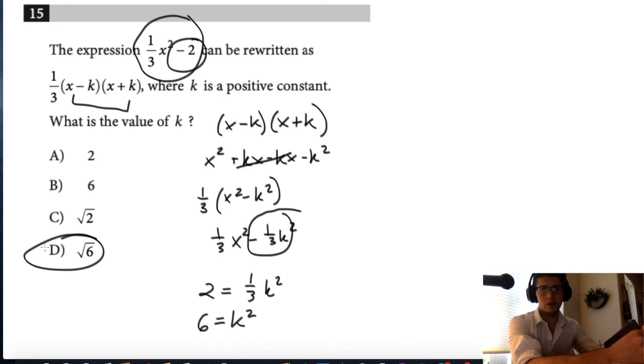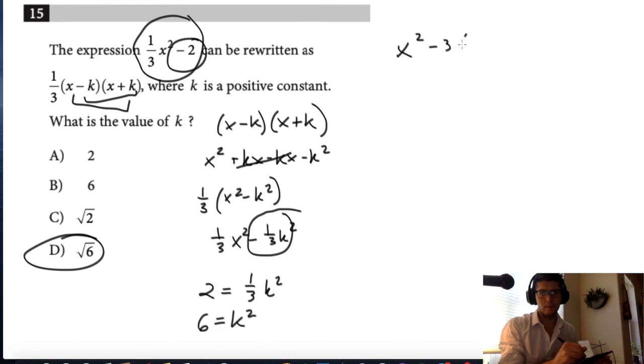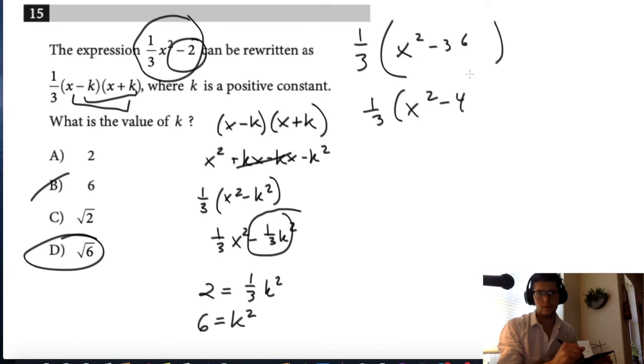But you totally could. If you knew that information and you didn't have to write it out, you could be like, okay, if I use a 6, then I know I'm going to get x squared minus 36, and then I'm multiplying that by 1/3. And that's not going to get me -2. Okay, so that's out, right? If I try a 2, it's going to give me 1/3, and then this is going to be a 4, and that's not going to work.